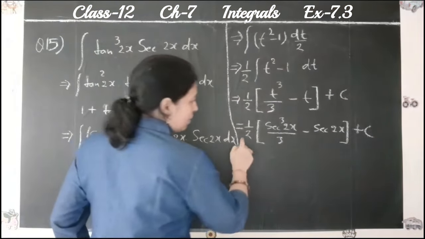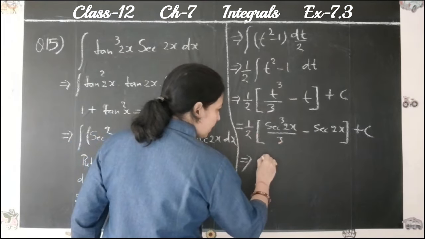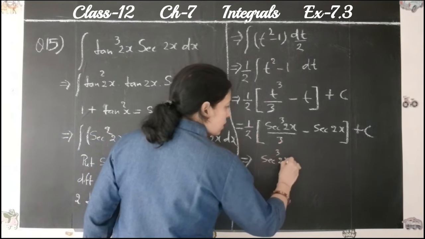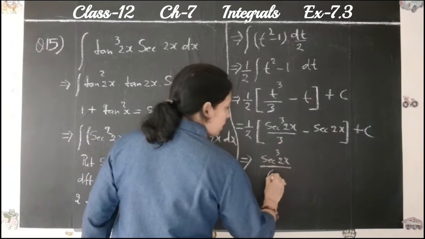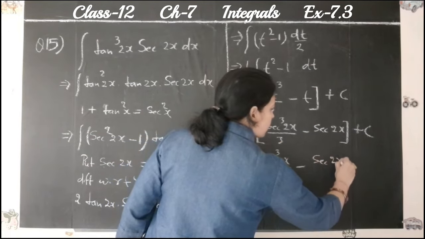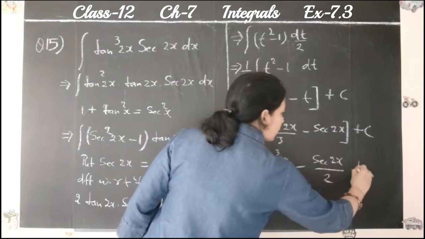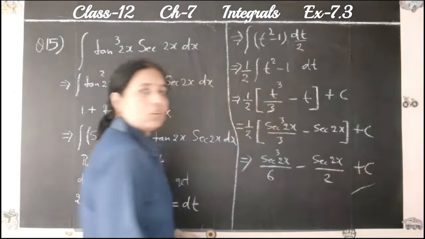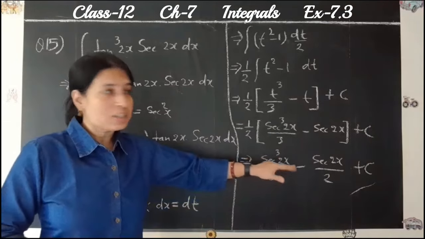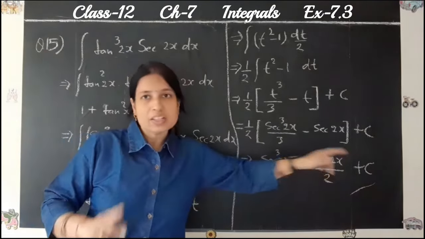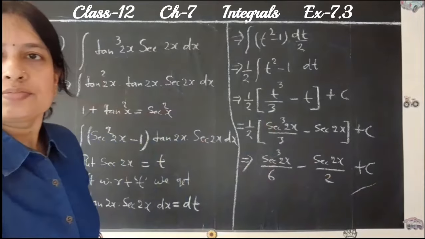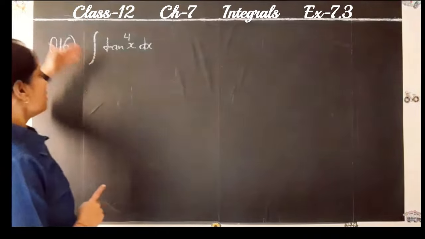So finally we multiply this 1 by 2, so we get sec cube 2x by 6 minus sec 2x divided by 2 plus a constant c. So finally we get our answer: 1 by 6 sec cube 2x minus 1 by 2 sec 2x plus a constant c. So this is your answer. So let us see the next question, question number 16.